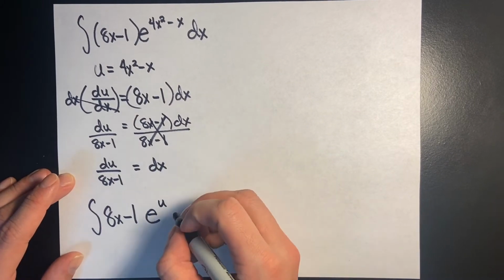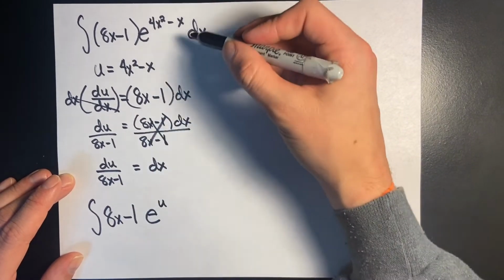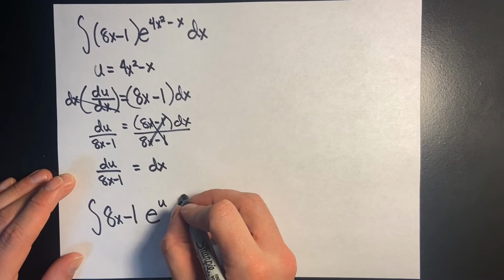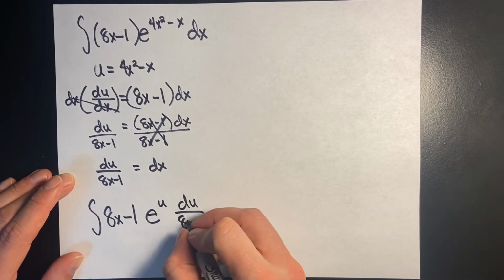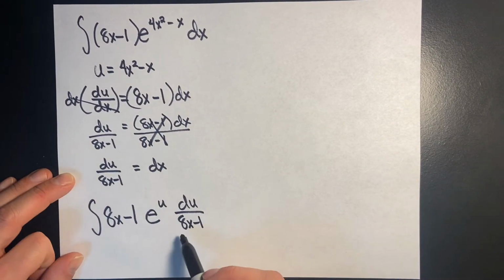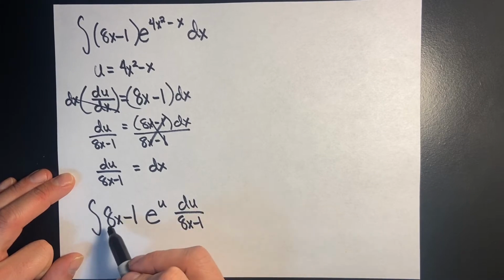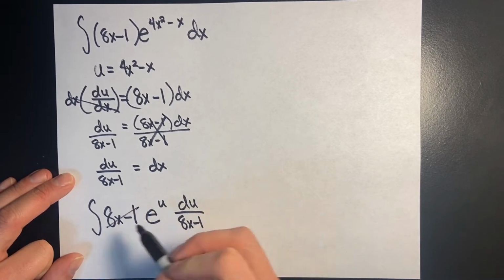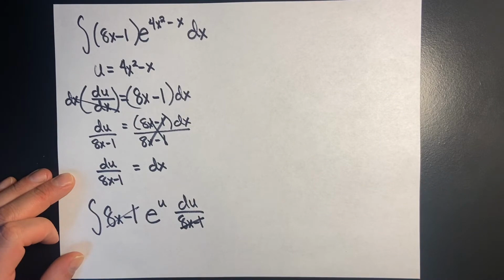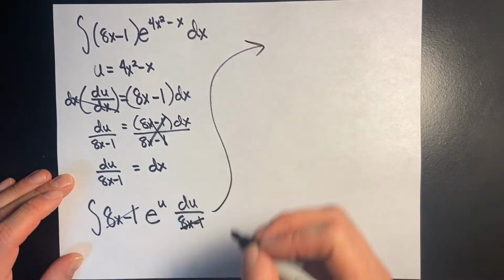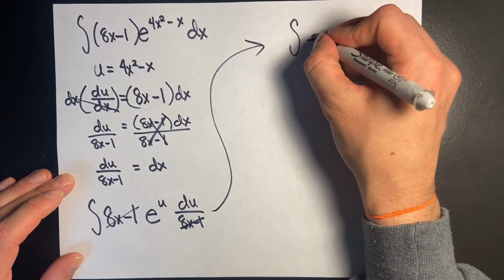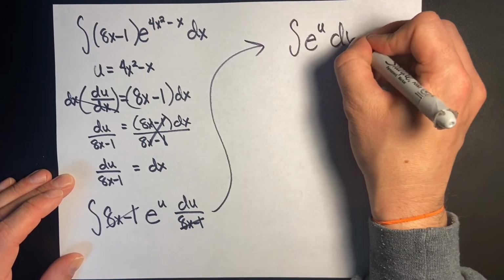If you're wondering why, you'll see why. Dx now becomes du over 8x minus 1. Oh look, 8x minus 1 in the numerator. Oh look, 8x minus 1 in the denominator. Cross them out. What that leaves me with is the integral of e to the u du.